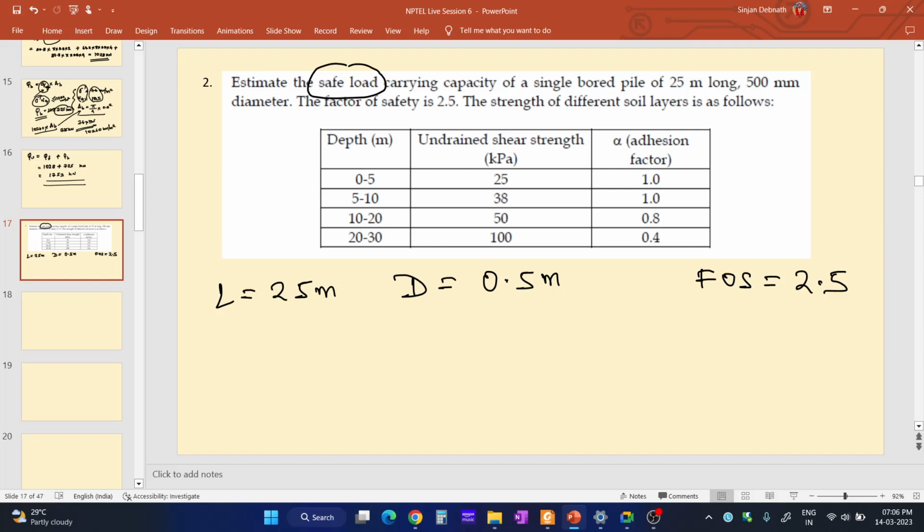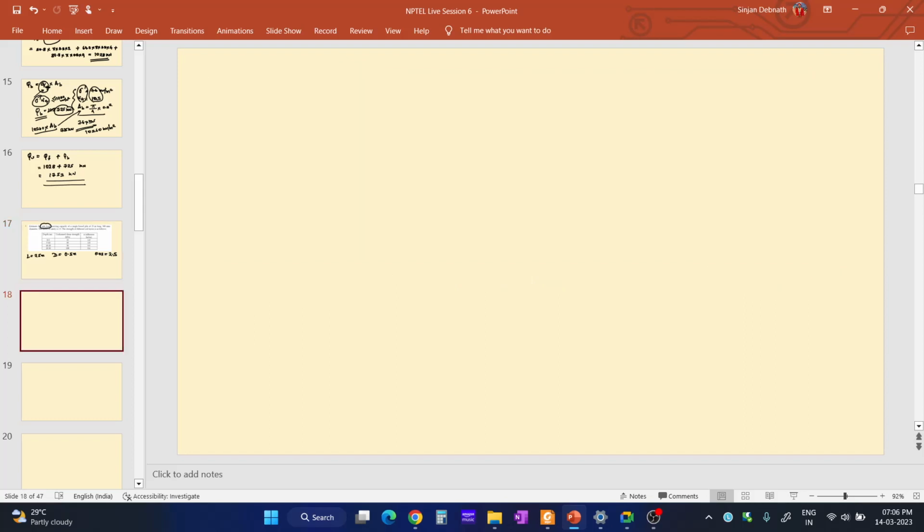After finding the ultimate bearing load, if we divide it by the factor of safety, we will get the safe load. So we need to find out QU, and after finding QU, we will divide it by the factor of safety to get the safe load. Let me just solve the problem. First of all, we need to find out QU.